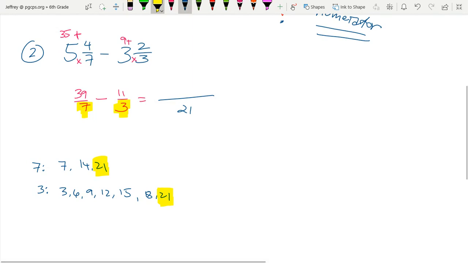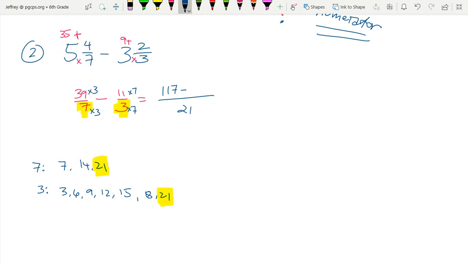So how many times did we skip count 7 to get 21? That's 3 because 7 times 3 is 21. So we also multiply 39 by 3. So 39 times 3 will get you 117. Minus, what's 3 times a number that gives you 21? That should be 7.